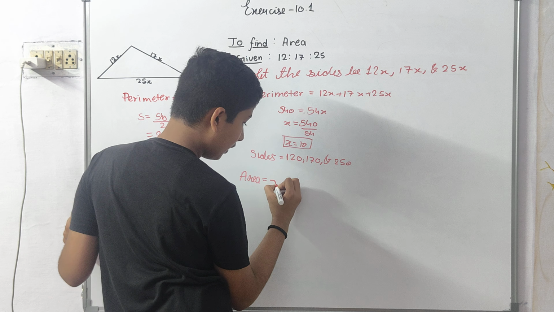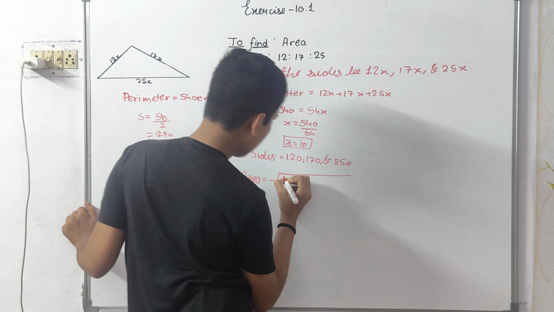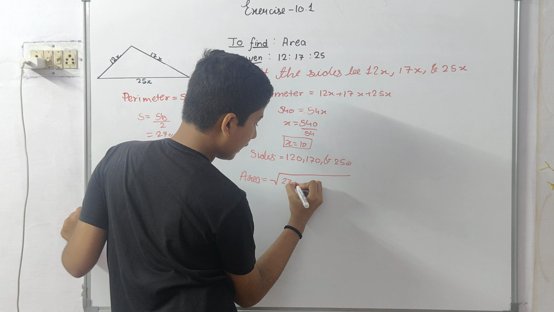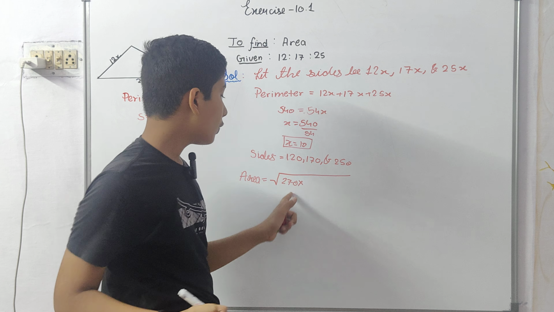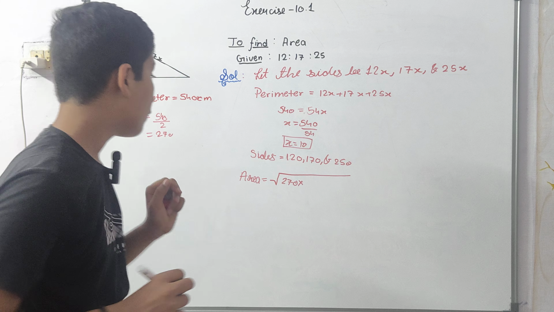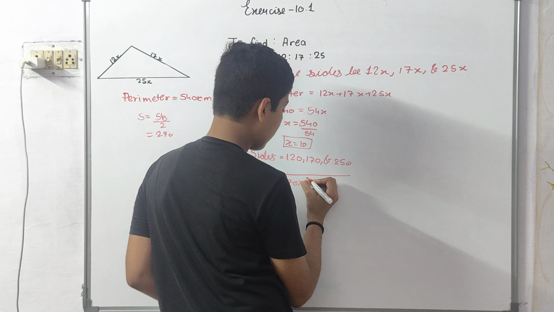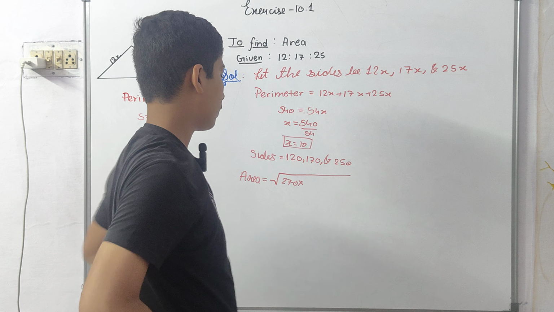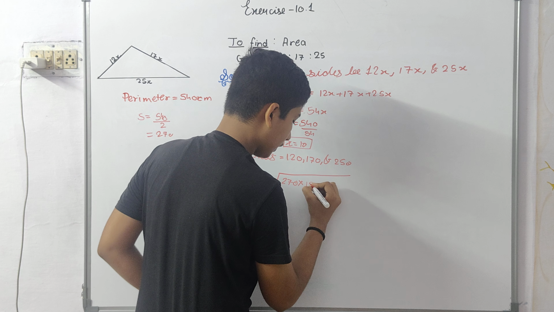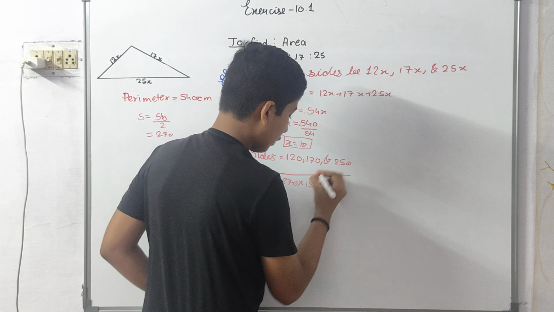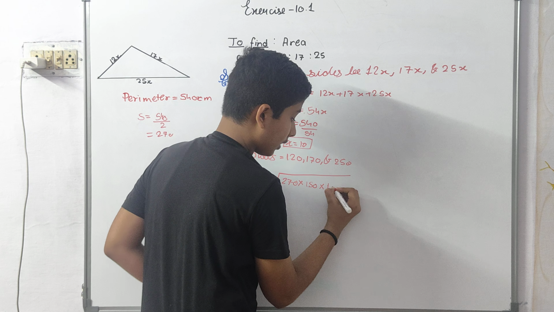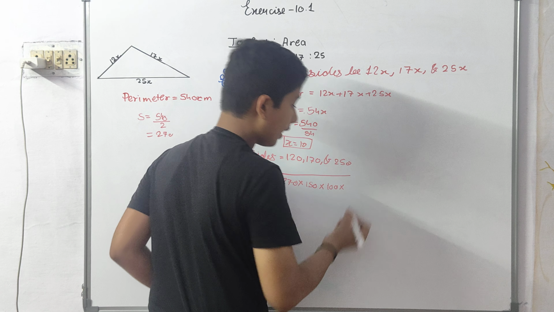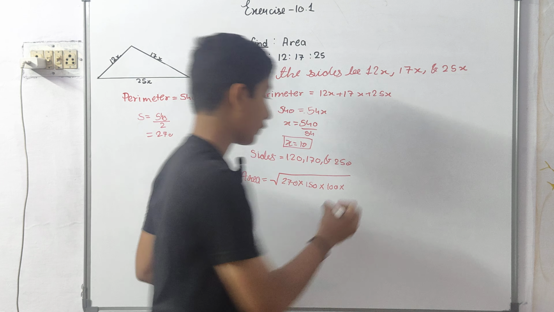So area will be root of 270 into 270 minus 120, which is 150, into 270 minus 170, which is 100, and 270 minus 250, which is 20.